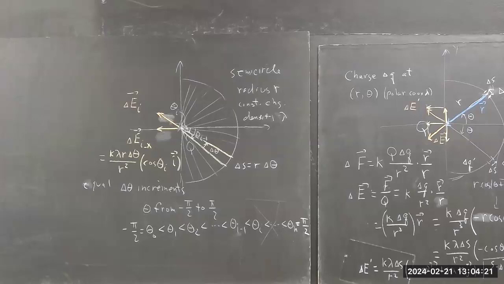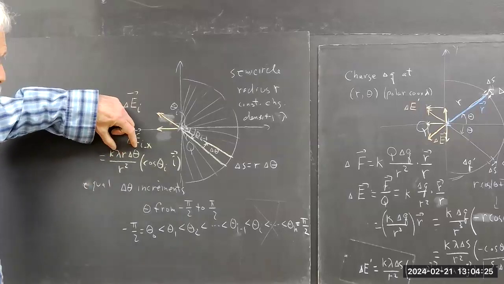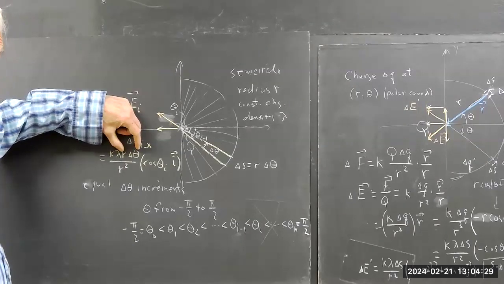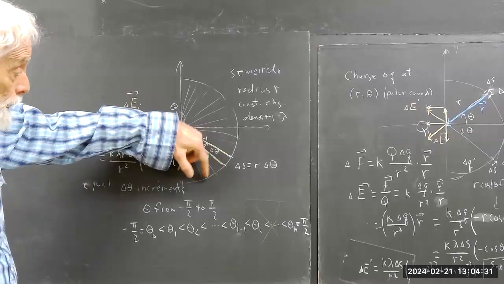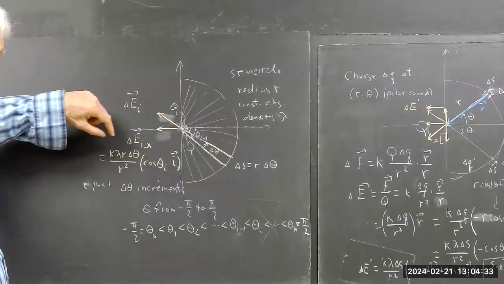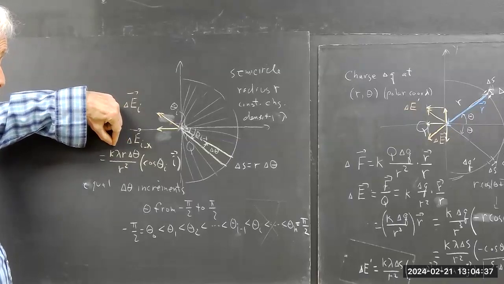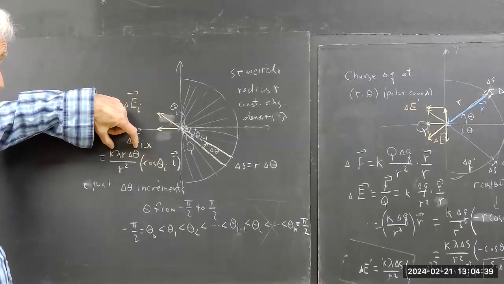I think I've got everything there. Because here's the amount of charge we have in this R delta theta increment of the arc. So we multiply that by the charge density. This gives us our charge.